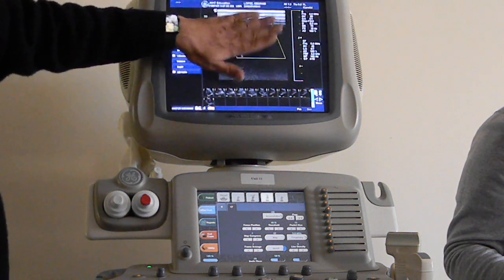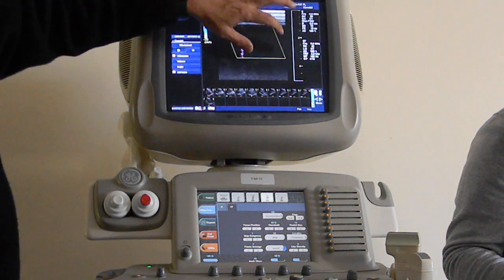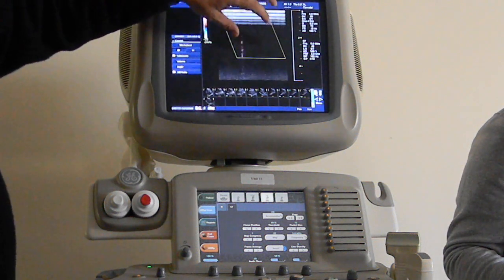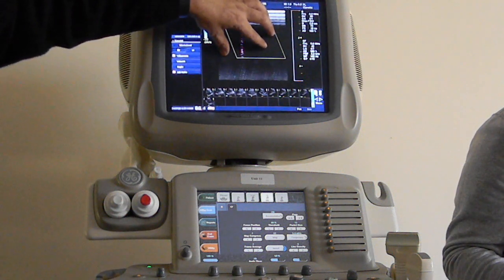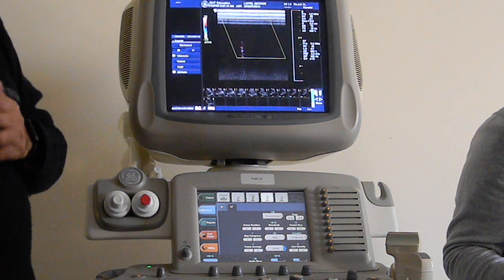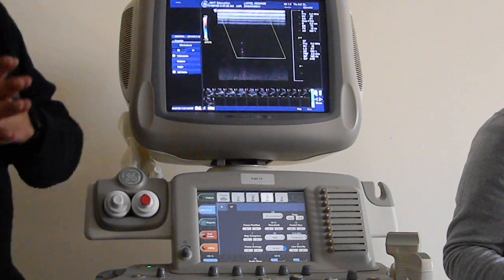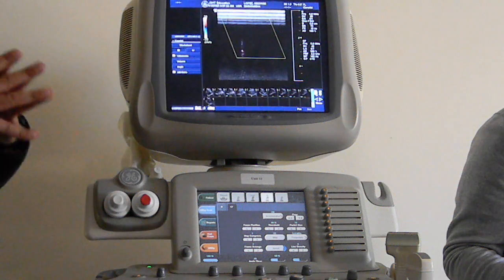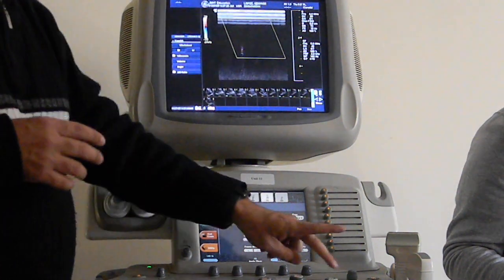They would recommend that your blood vessel, or the main area or region of interest, is in the center. That's what you girls will have to fight with when you start scanning. Good.